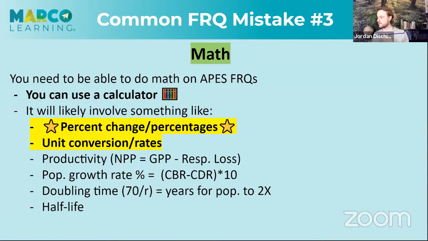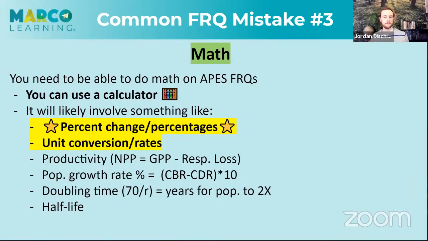The good news, though, is that you're not left up in the air wondering if you'll have to do long division or factor a polynomial or calculate the area under a curve. It's pretty clear what the questions will be focusing on. So what I've put here are 6 topics that the questions that involve math could cover, but then I've highlighted in yellow what the recent FRQs have covered.